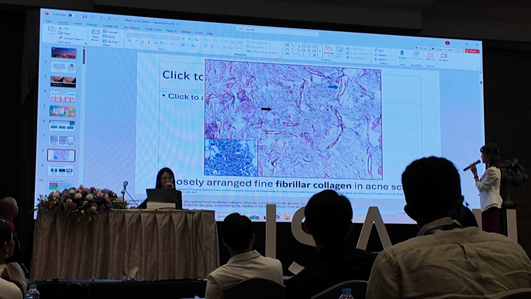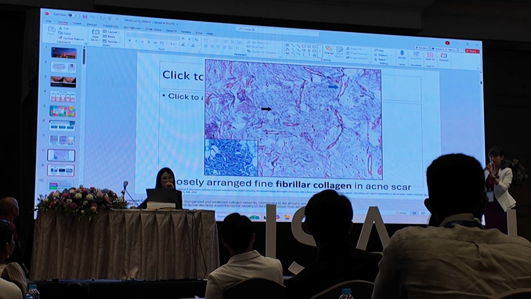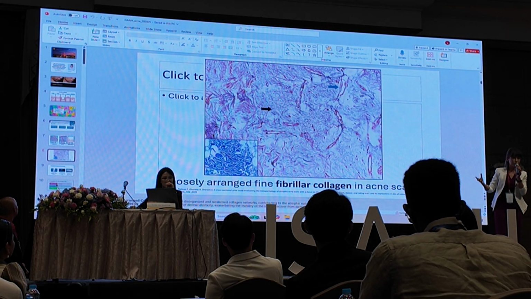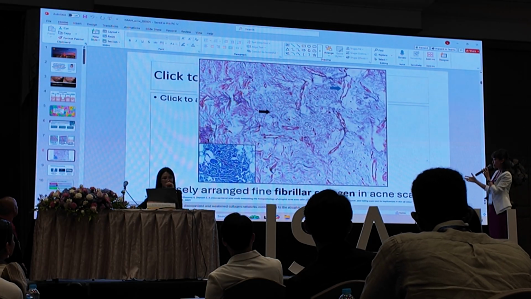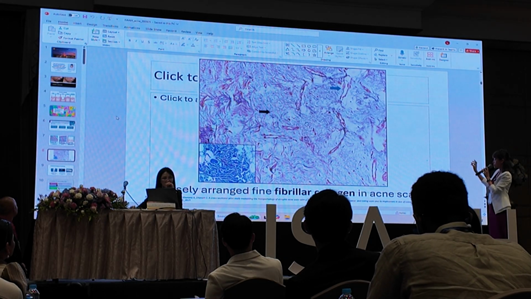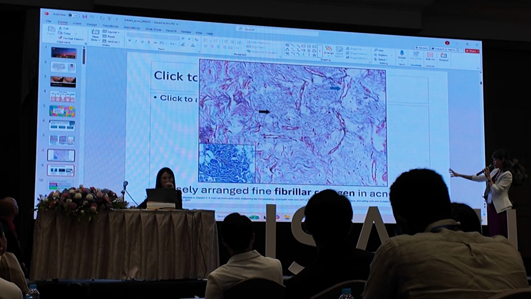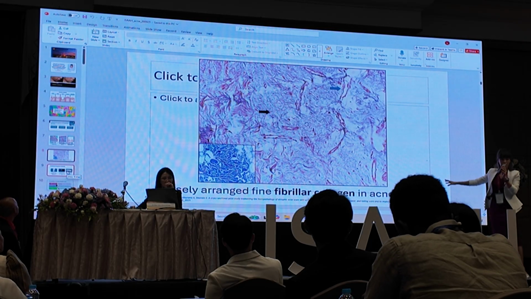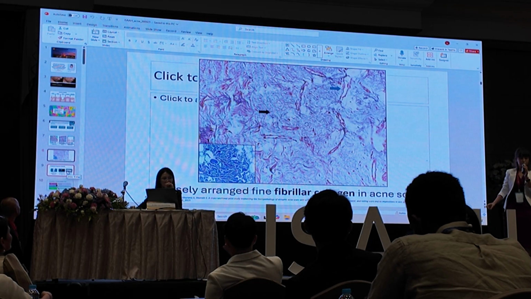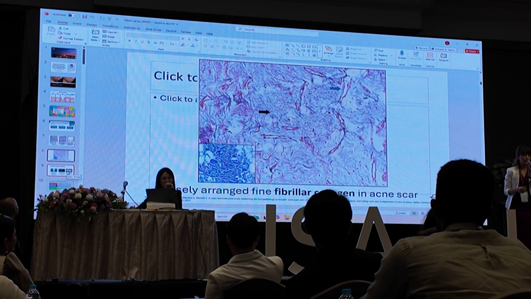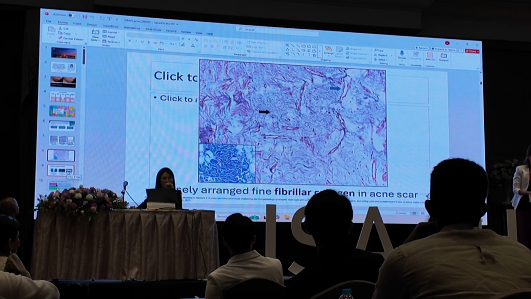Next slide, please. When we look at the dermal layer of the scars, 70% show fibrillar collagen derangement, which means there is a loss of collagen and loss of dermal thickness.